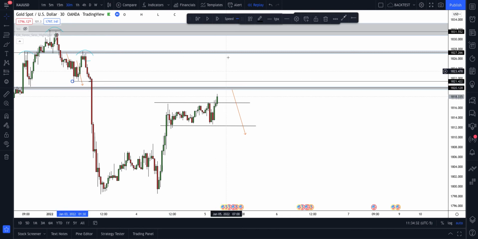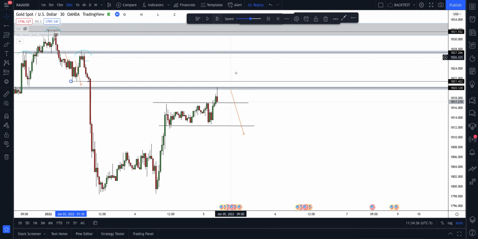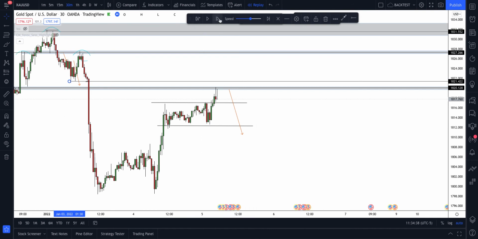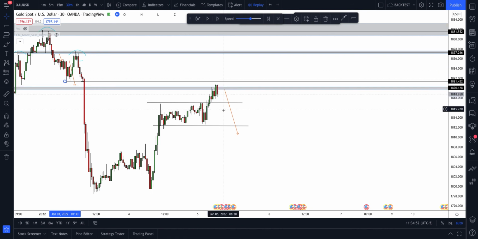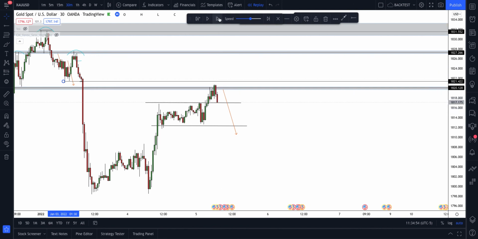I have to see price close above here. Okay, now price is closing above the previous area and closed. Okay.